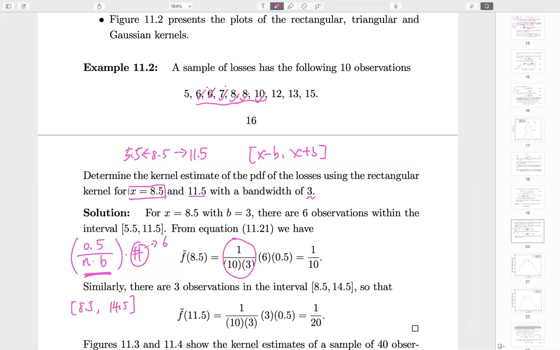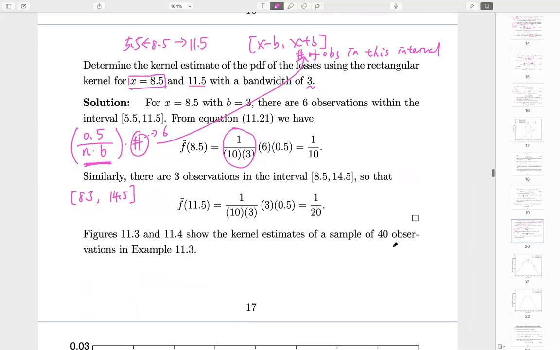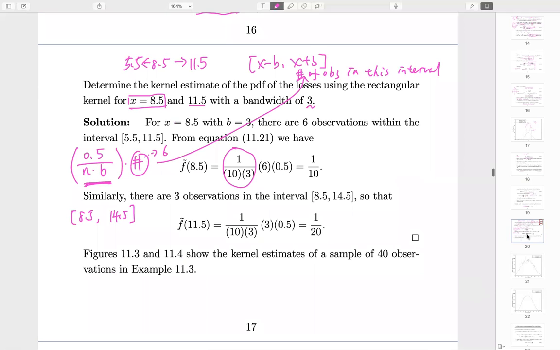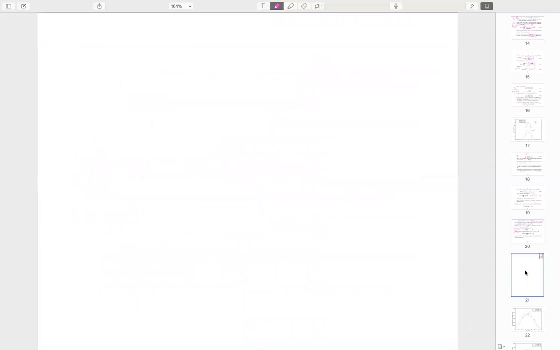So this is the number of observations in this interval. Okay, so it's very easy to do. It does not show. I believe the textbook might give you a little bit more on the computation. So we can also do it for triangular, if you want to do.